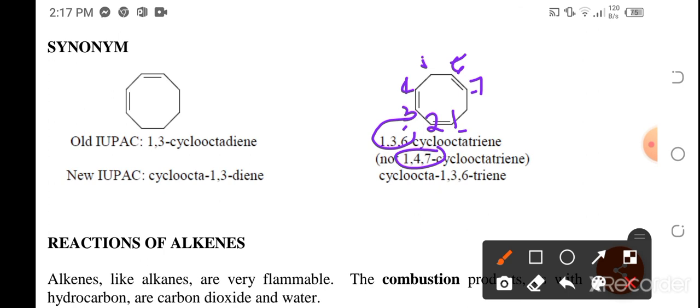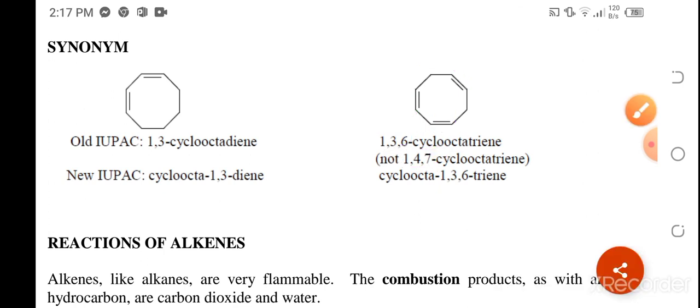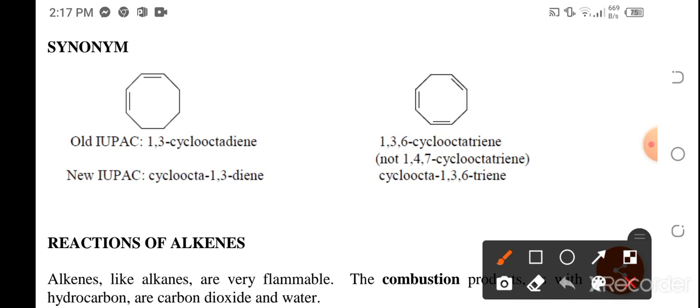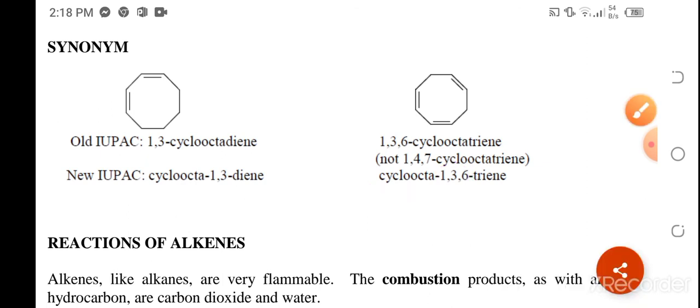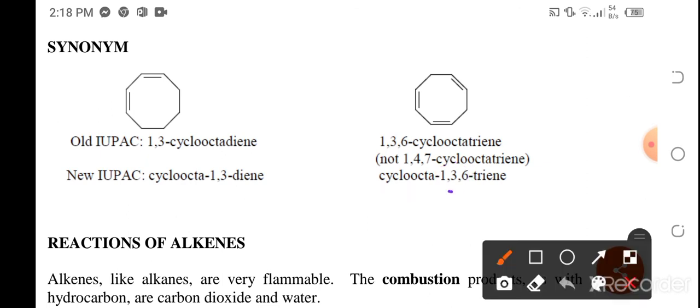Okay? And the synonym for 136 cyclooctatriene is cycloocta 136 triene. So, ganun pa rin. We are going to use comma to separate numbers and dashes to separate word from a number. This is a whole one word name, so therefore there should be no spaces in between.